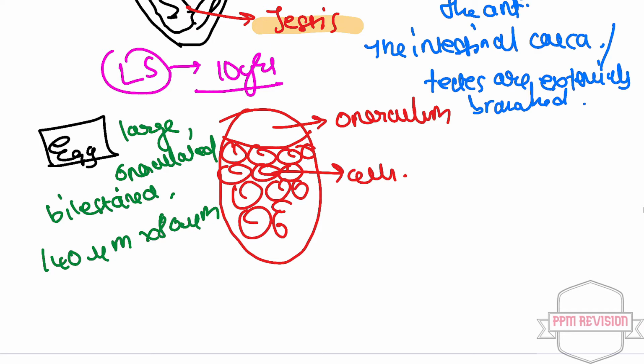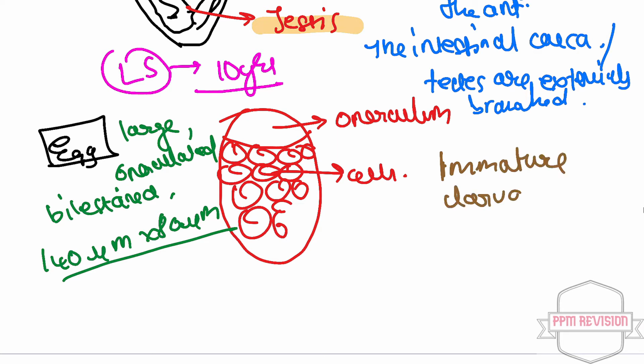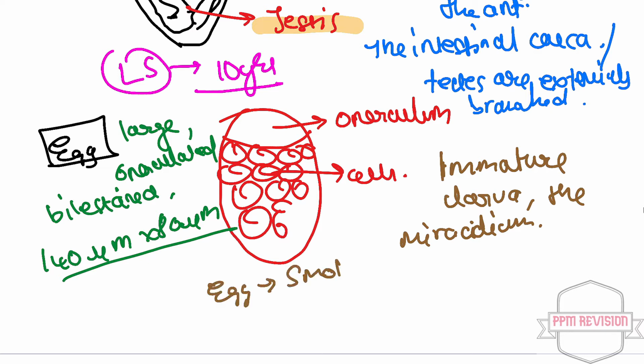What it contains is immature larva, the miracidium. The eggshell is thin with smooth surface.